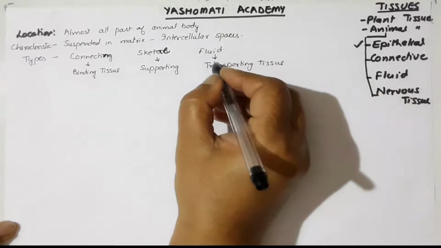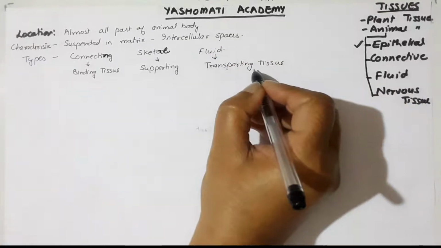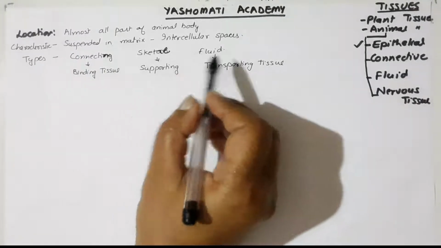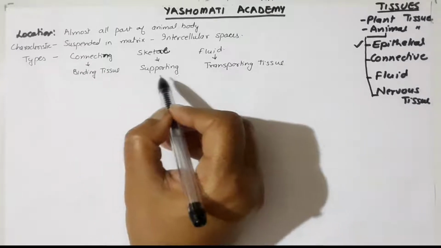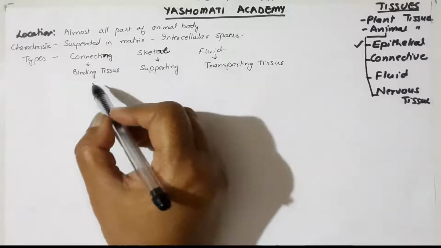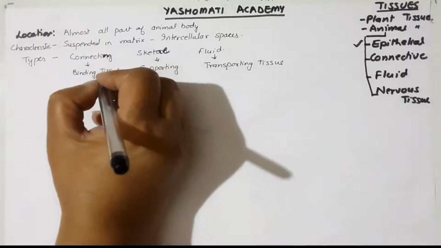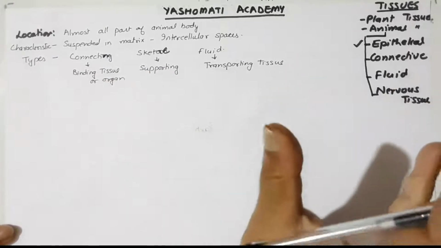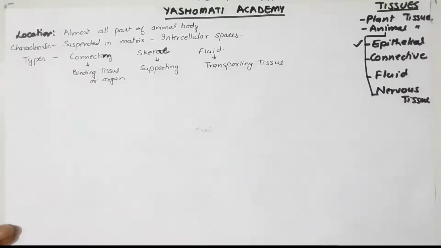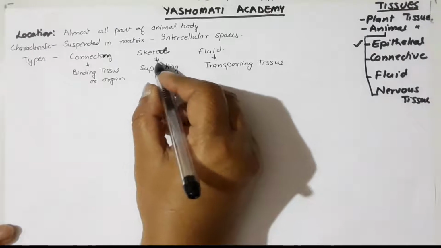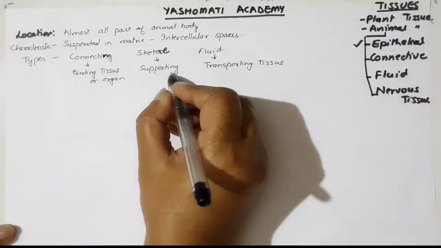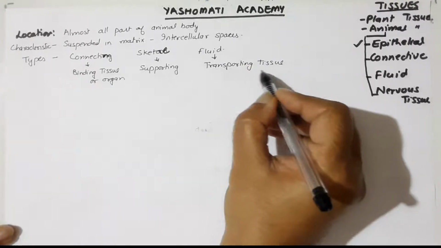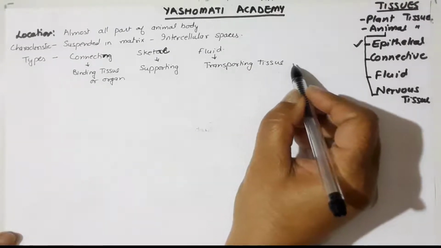That means fluid tissue, it helps in transporting a material from one place to other. So from this you will be able to understand what is their most important function. Connecting tissue, they help in binding the tissue or organs together. They fix them in their particular space or place. Skeletal tissue, which help in supporting the body from inside, and fluid tissue, they help in transporting the material from one place to another place.